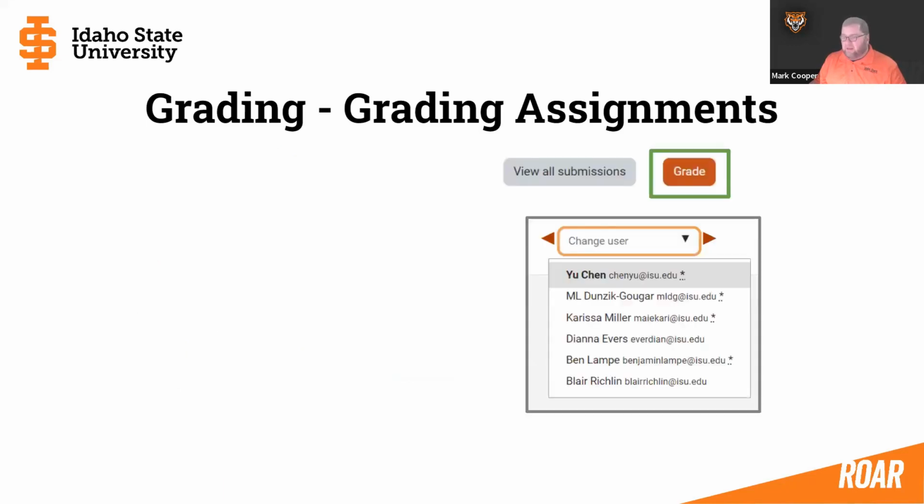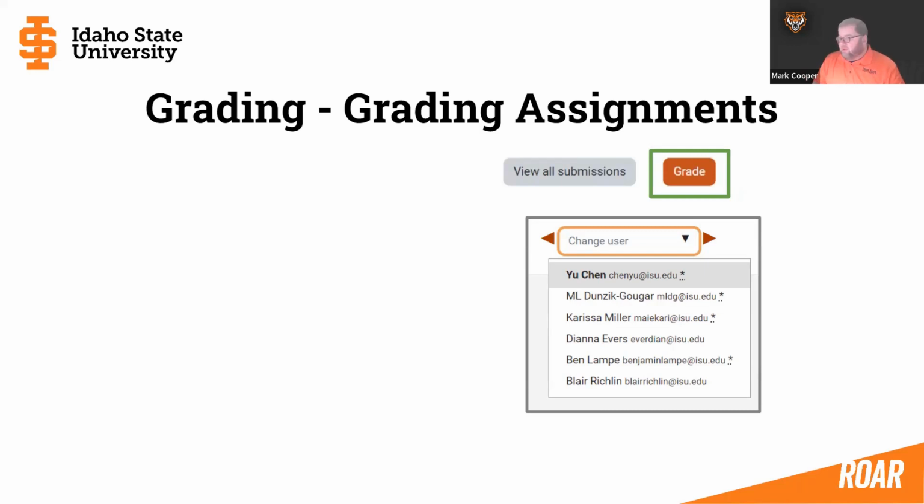From this screen, you can use a filtering system to access individual students. By clicking on the Change User drop-down menu, it brings you a list of all the students in the course who have submitted the assignment, and you can select them and it'll take you directly to their submitted assignment.